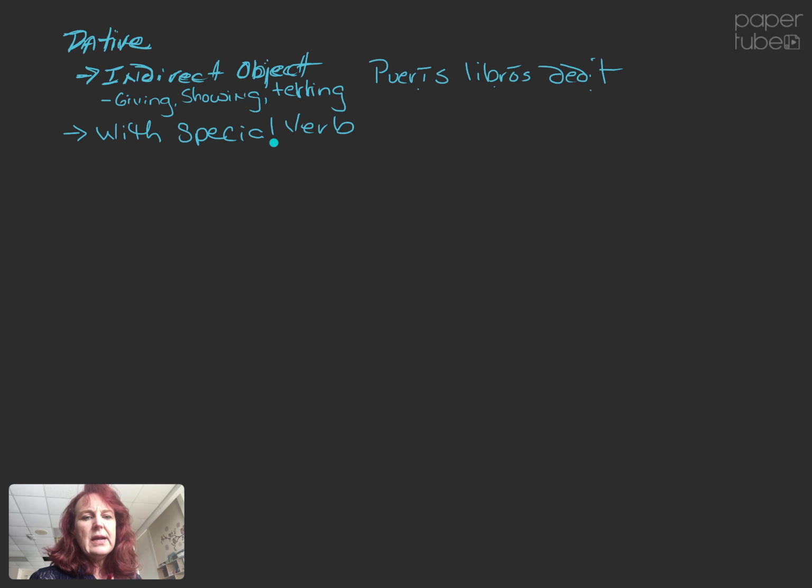I'm going to give you an idea of the types of verbs: to favor, help, please, trust, and their opposites. To believe, to persuade, to command, to obey, to serve, resist, envy, threaten, pardon, and spare take the dative. But there are so many exceptions, it's not worth memorizing it as a rule. Instead, we use the glossary, and it'll say in the back, takes the dative.